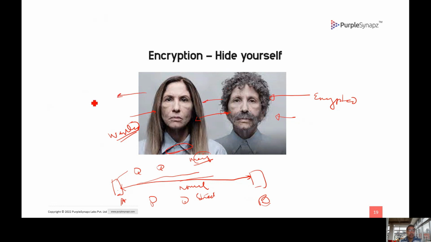She again becomes decrypted to her original self. So this process of putting on something, looking like something else, going undetected through a channel which is transparent to everybody. Everybody can look at it, okay, but can't make anything out of that. She's unrecognizable. This is called encryption. And then she reaches her point B, she again reads it.